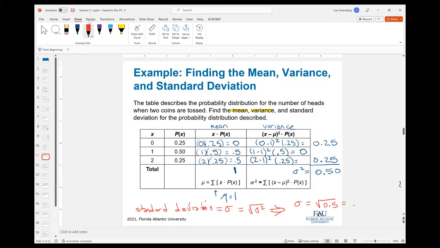That's equal to 0.707. And it just really depends on where you're going to round it to. Okay, so now I have also my standard deviation.